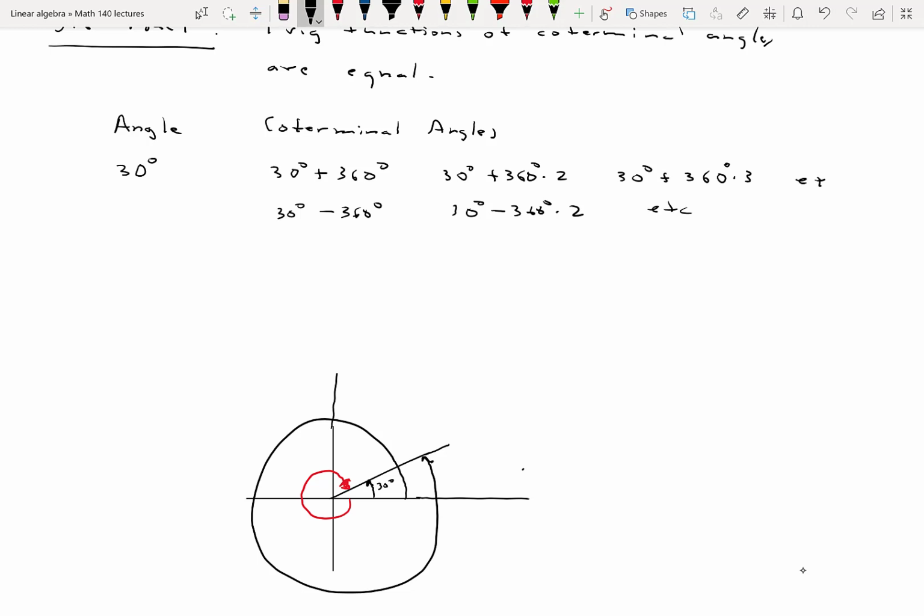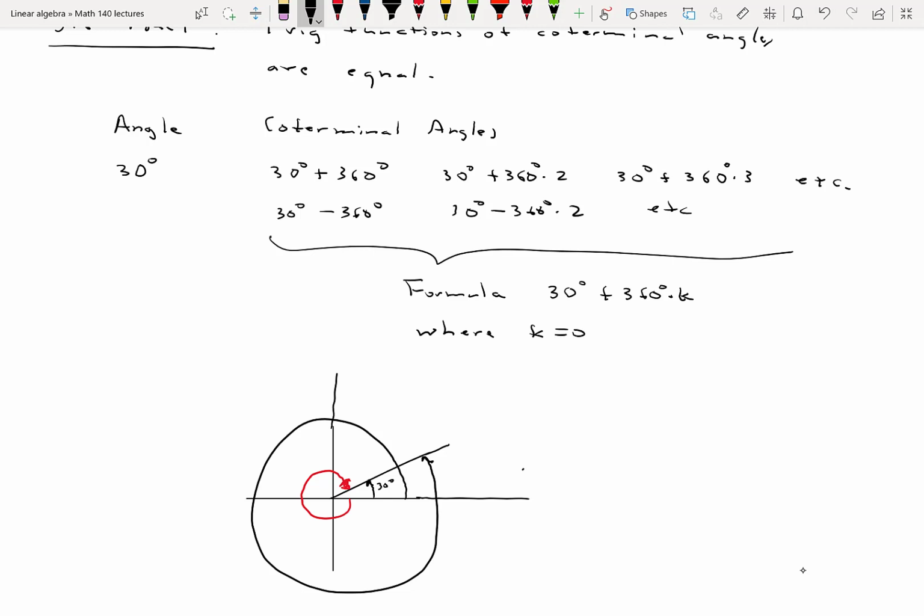I need a formula for all these coterminal angles. We write one formula. Formula for coterminal angles: we write 30 degrees plus 360 times k, where k can be 0. K is 0, we just get 30 degrees. If we have k equal 1, then we're adding one 360.